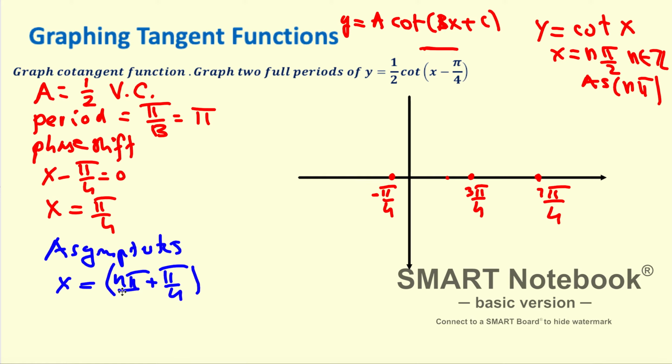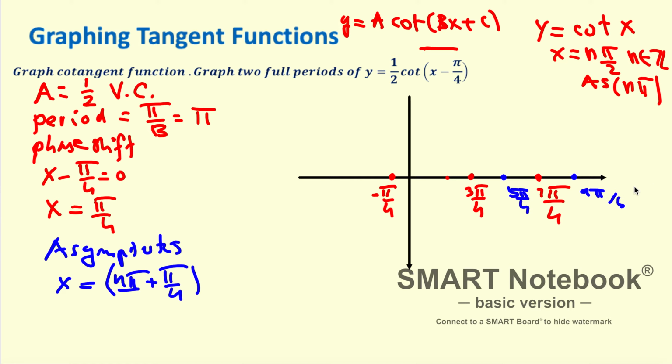So here is the general form. If n is 1, pi plus pi over 4 is 5 pi over 4. If n is 2, 2 pi plus pi over 4 is 9 pi over 4. And this can continue forever.